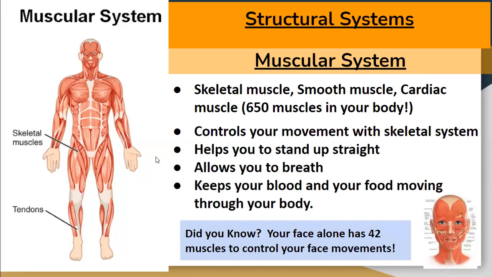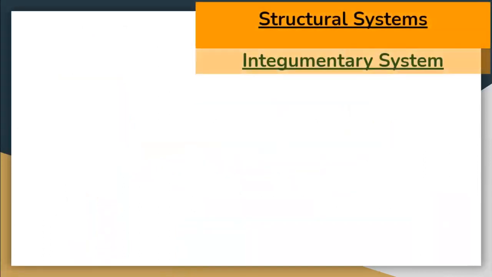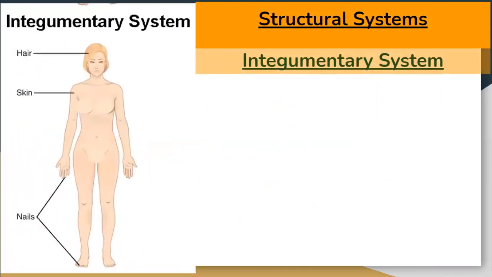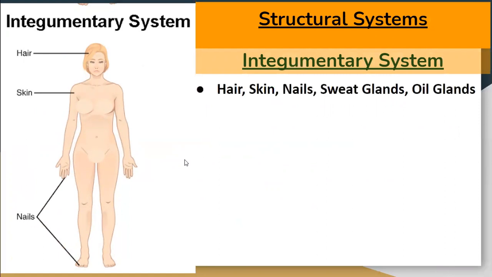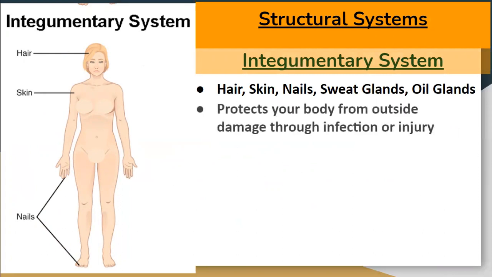Pretty interesting. And another structural system is the integumentary system. There it is, the integumentary system. That includes your hair, your skin, and your nails. It also includes your sweat glands and your oil glands. It protects your body from outside damage through infection or injury. So your skin is a protecting piece for you.